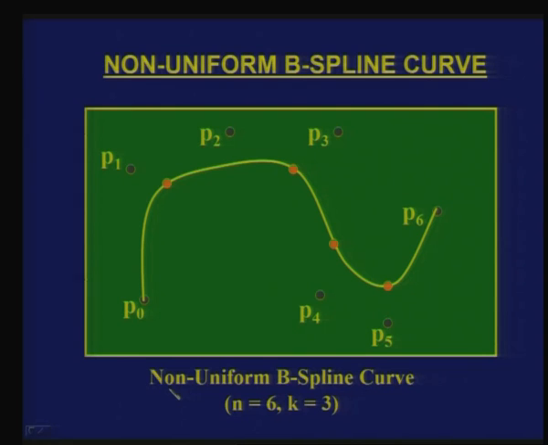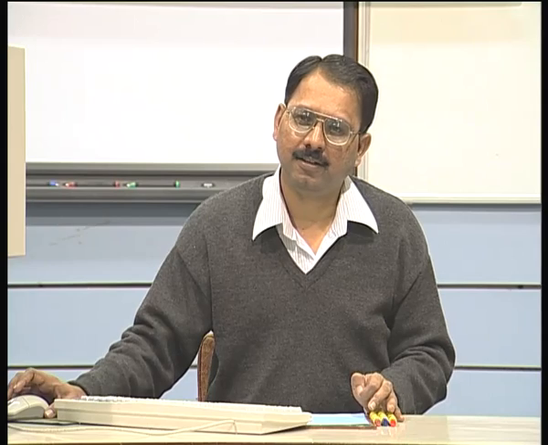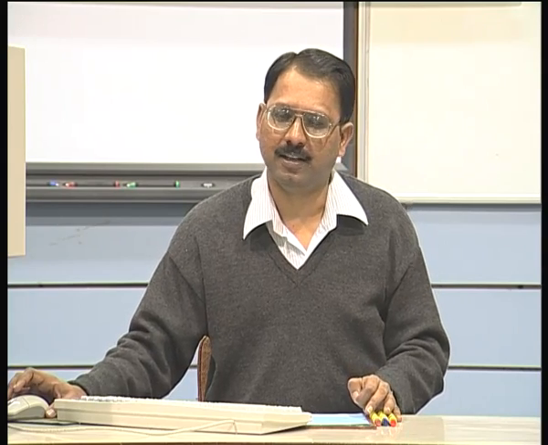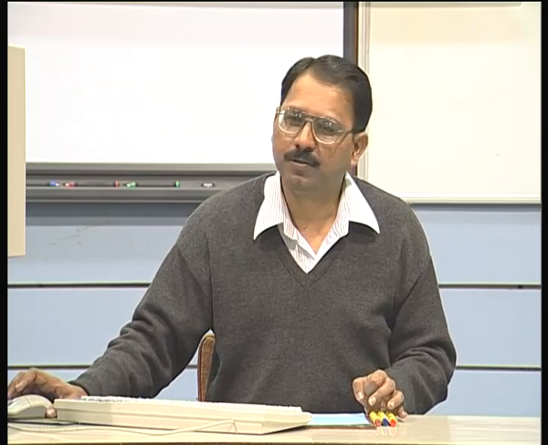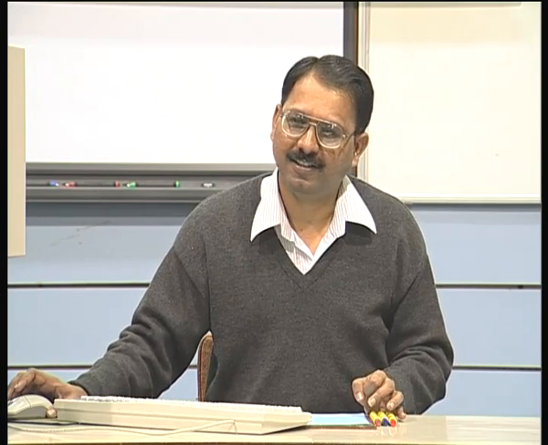When it comes to a B-spline curve, I can always define it in 2 ways, one which I call a uniform B-spline curve and another a non-uniform B-spline curve. The most common form is non-uniform. Why does the word non-uniform come here?